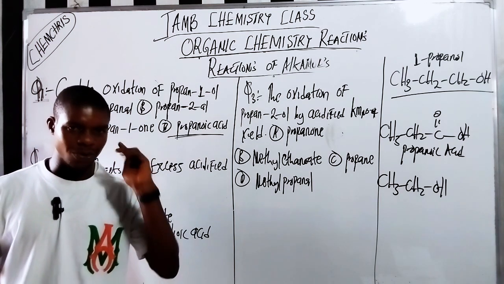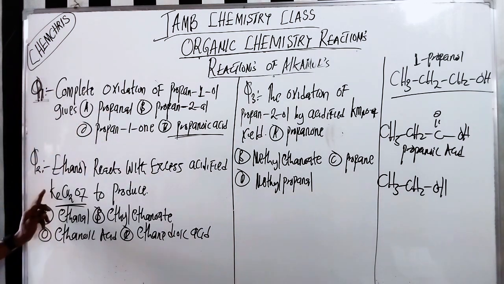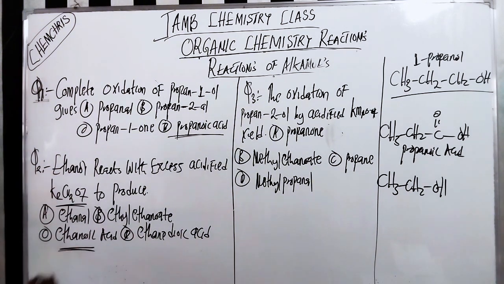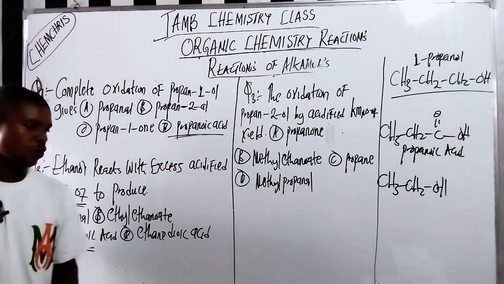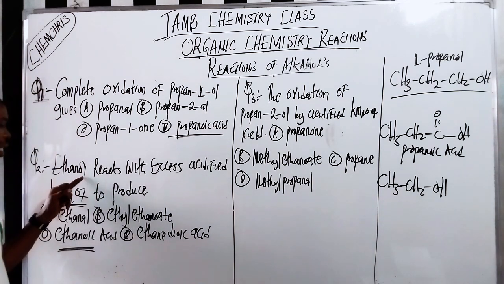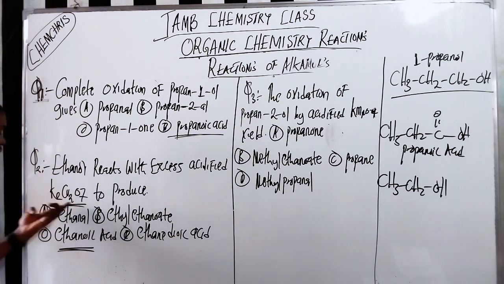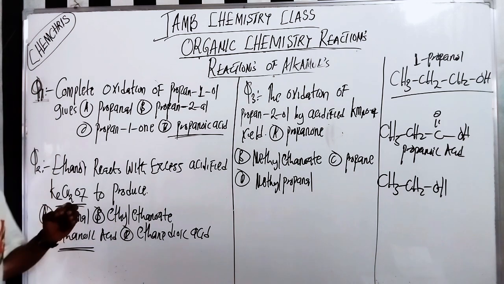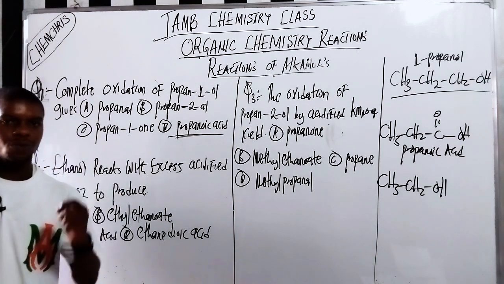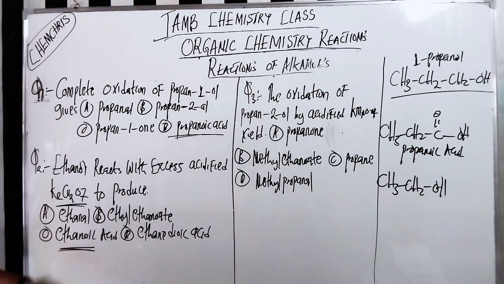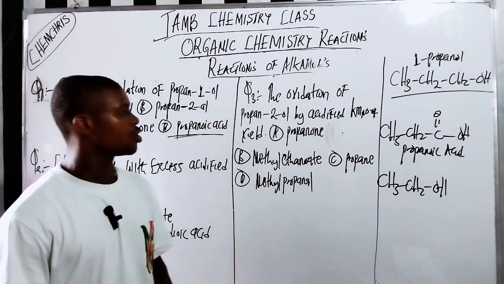So ethanol, when oxidized with excess acidified potassium dichromate, will produce ethanoic acid. Ethanoic acid is the answer because complete oxidation of ethanol, a primary alcohol, produces this. This reagent, acidified K2Cr2O7, is what makes it undergo complete oxidation. Do you understand? Now let's look at the third one here.